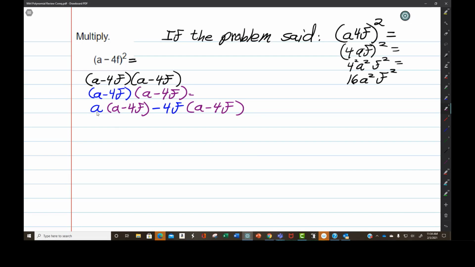So this is how you would multiply A minus 4F times A minus 4F. You would do it like that. After a while, you get so good at it, you do it in your head.